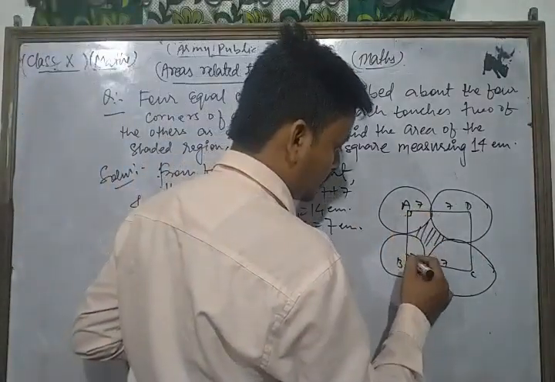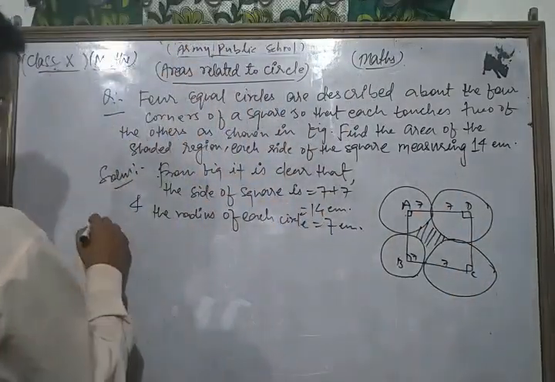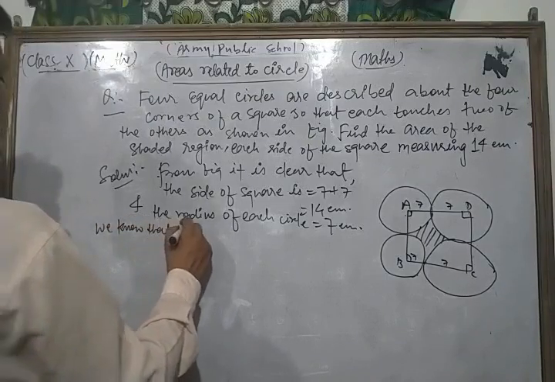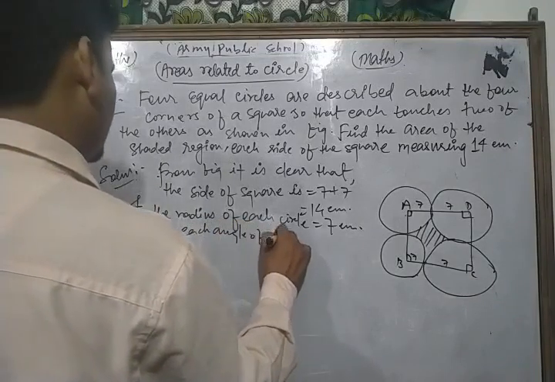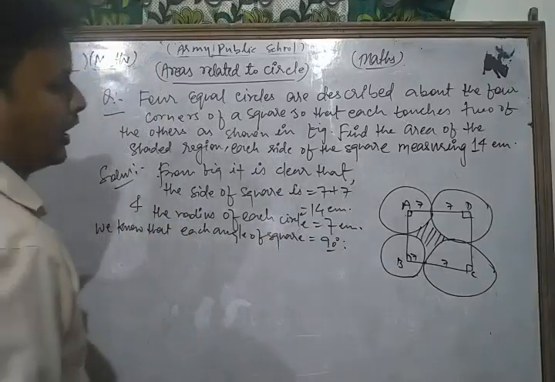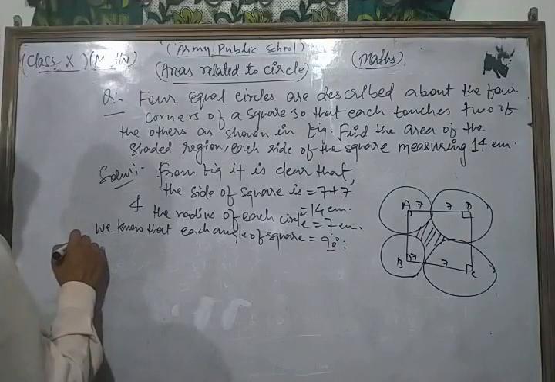We know that each angle of a square is 90 degree.